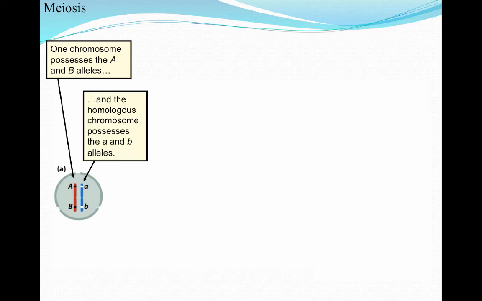just keep in mind that in this example that we're going to work through, the nuclear envelope is holding chromosomal material. And on these two chromosomes here, this chromosome has a big A and a big B gene. However, this chromosome, or its homologue, possesses a little a and a little b gene.